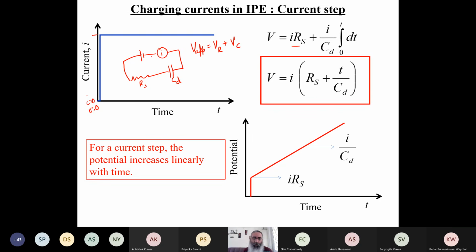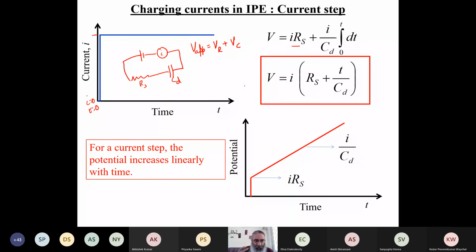This is a very simple integration compared to what we did last time. So V is equal to I RS plus I t by CD. This is the expression that comes out for the voltage.